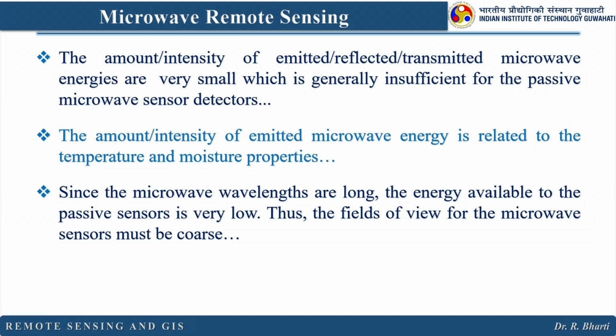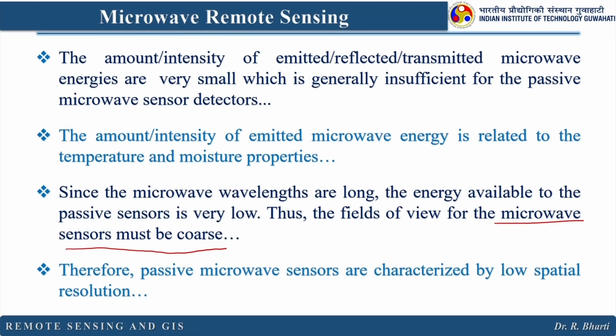Thus, the field of view for the microwave sensor must be coarse. That is the reason we have coarser resolution even in thermal remote sensing. Now, in passive microwave remote sensing, again the pixel size will be larger, right. So that indicates low spatial resolution. Therefore, passive microwave sensors are characterized by low spatial resolution.